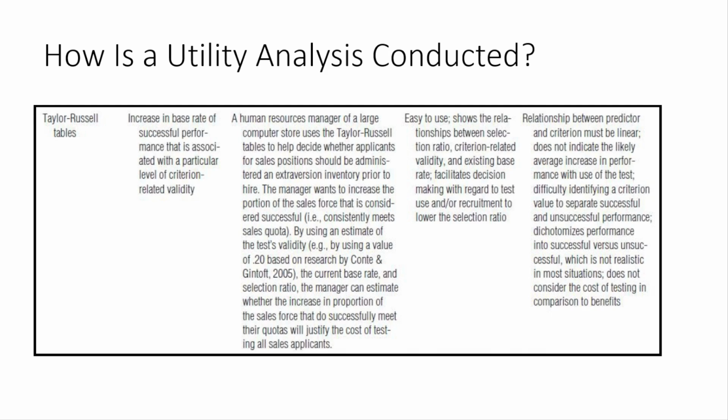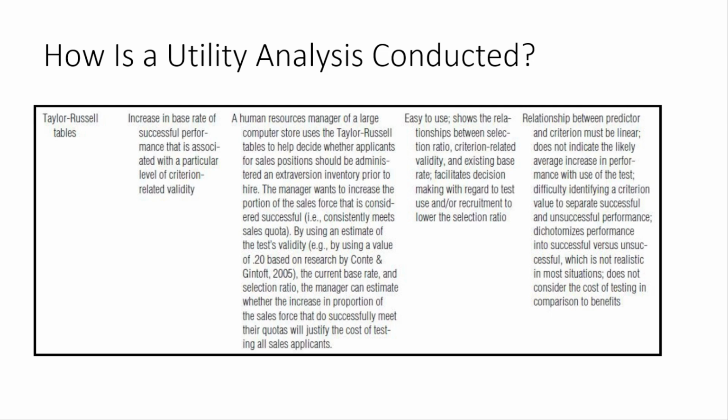Okay, sorry sa pasayod. So, disadvantage. So, disadvantage niya is the relationship between predictor and criterion must be linear. So, it does not indicate the likely average increase in performance with the use of tests. There is difficulty identifying a criterion value to separate successful and unsuccessful performance.